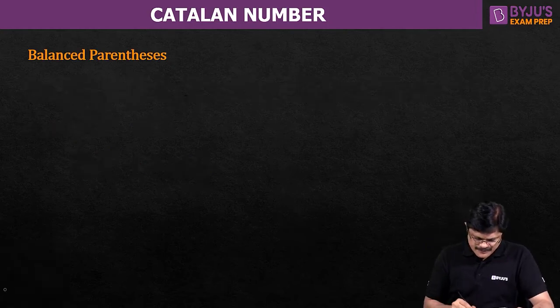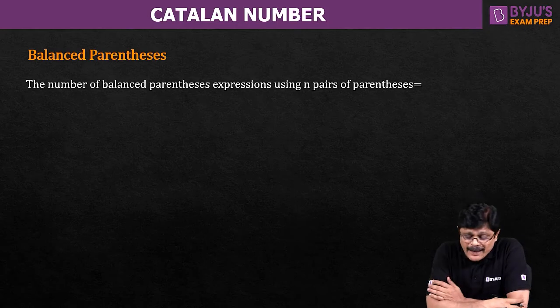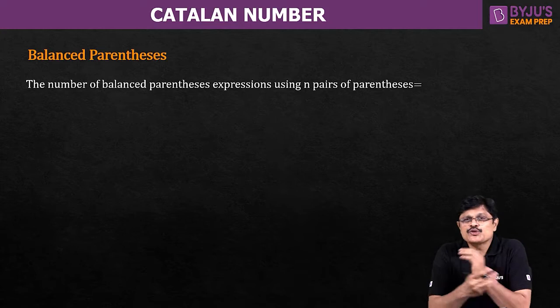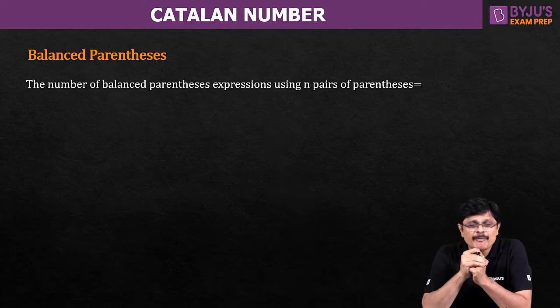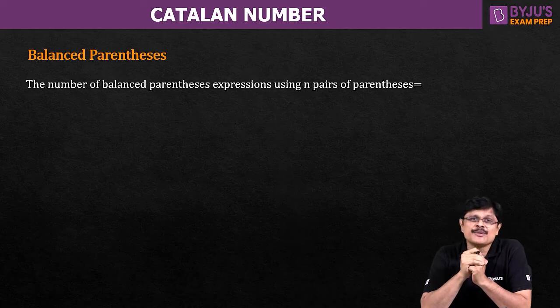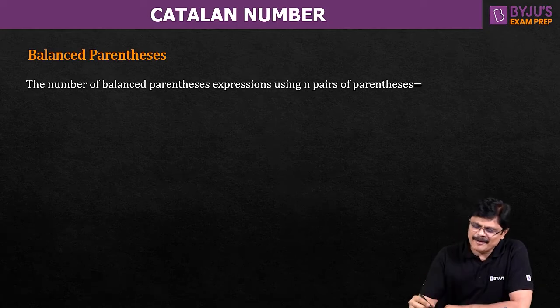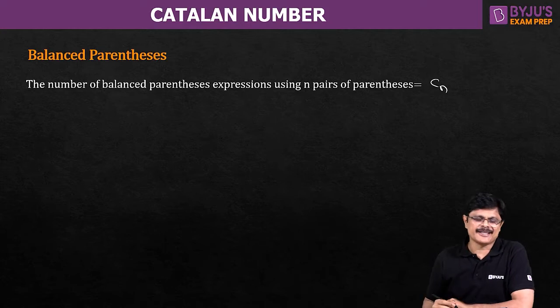Now, the number of balanced parenthesis expressions using n pairs of parentheses. Suppose you have n pairs of parentheses, how many valid parenthesized expressions are possible? That is given by the Catalan number, my dear friends.